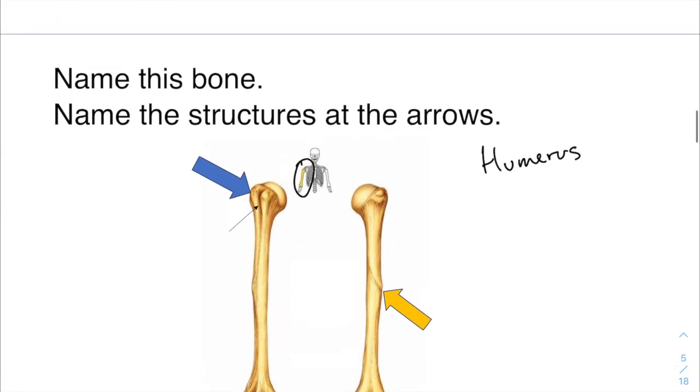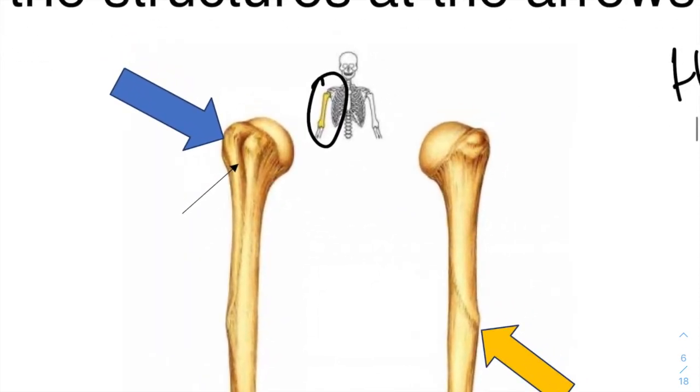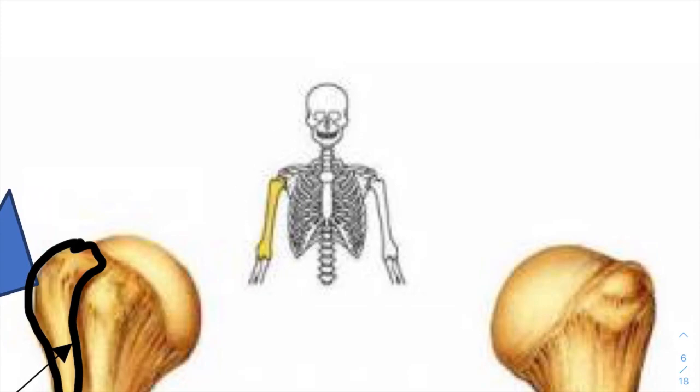So let's focus on the blue arrow. So on the right side, the most lateral part of the humerus, and since our shoulders are extremely wide, they're pretty much the most lateral aspect of our body. By the most lateral aspect, let me zoom in and you guys can see, this is the most lateral aspect.